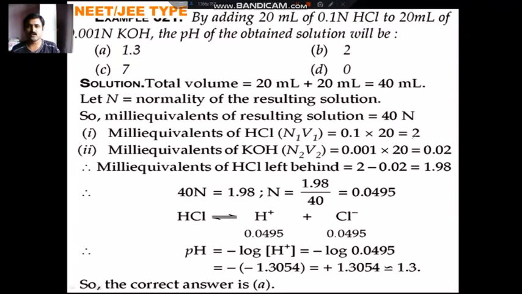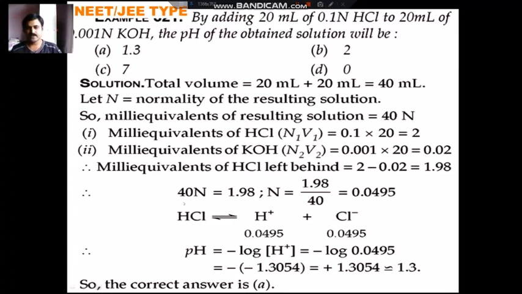Milliequivalents of potassium hydroxide taken is 20 into 0.001, which gives 0.02. So the milliequivalents of HCl left behind is 1.98, remaining after subtracting 0.02 from 2.